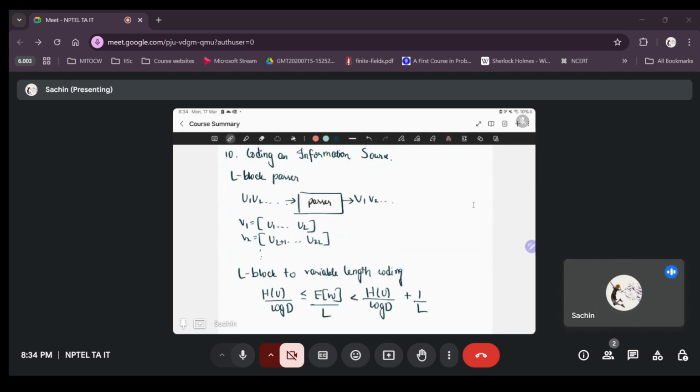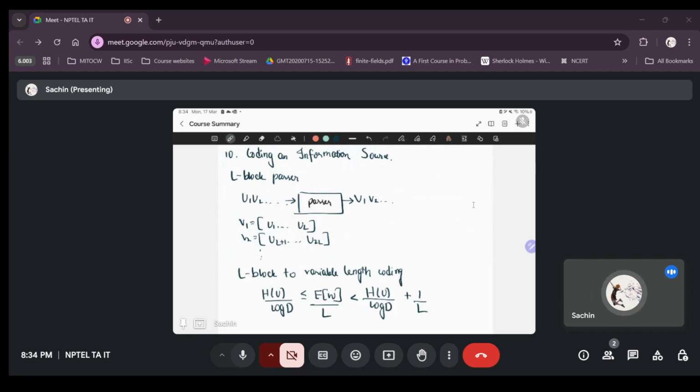Taking L to be infinite is not useful. That would mean that there's just one code word, which doesn't really make sense. Practically, you can't really take it.